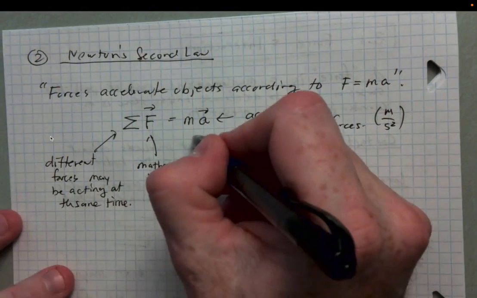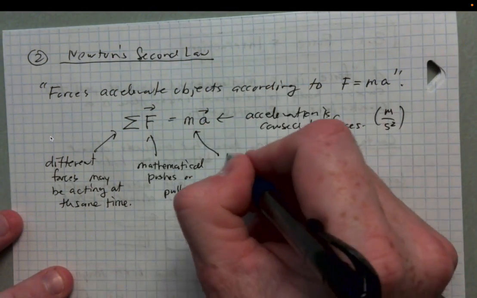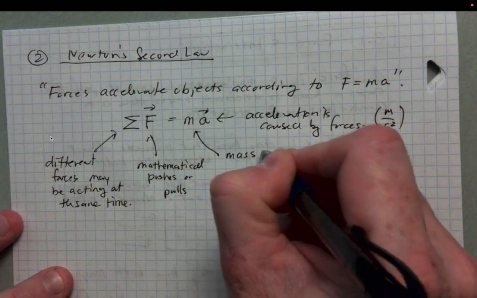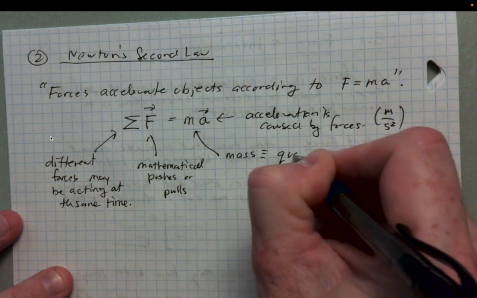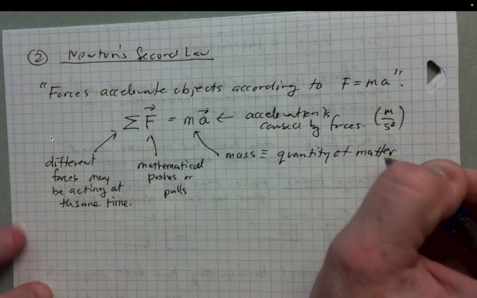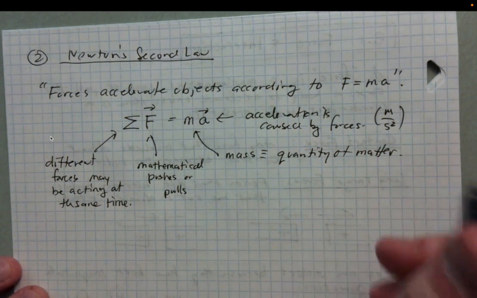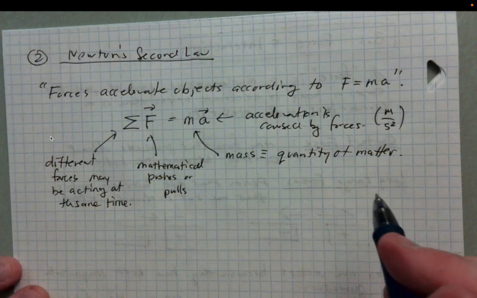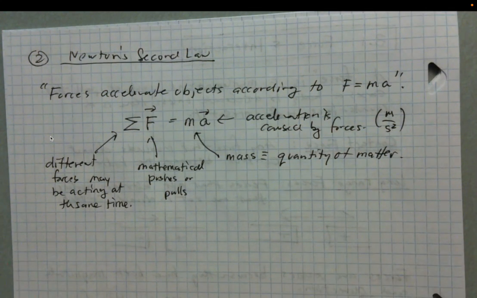And then this m, we haven't really talked much about mass yet, but this is mass, which you can think of as a quantity of matter, or stuff. Mass is how much stuff is in an object, right?